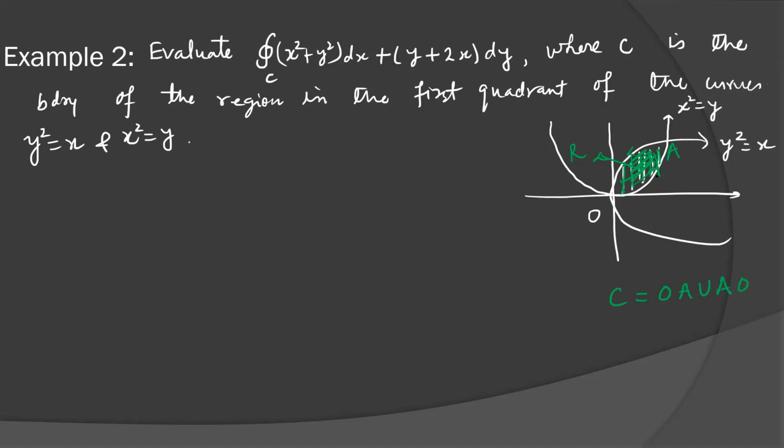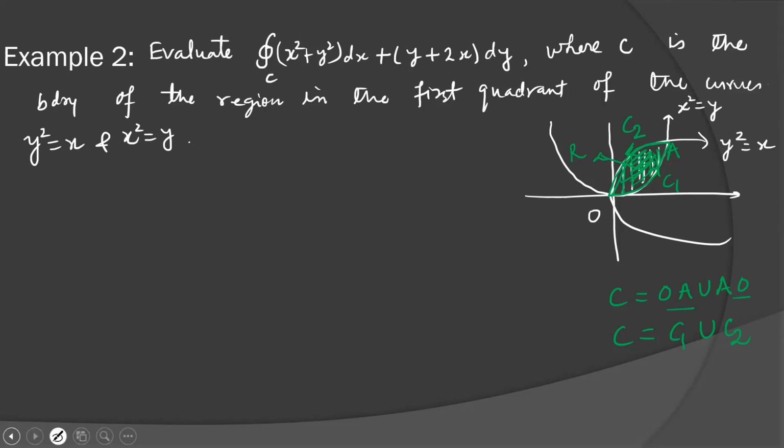You went from O to A and then you return from A to O. Then only this will be a closed curve. If you call the path OA as C1 curve and the return path AO as C2 curve, then C is C1 union C2, and you can see that the direction of C1 and C2 is anti-clockwise.